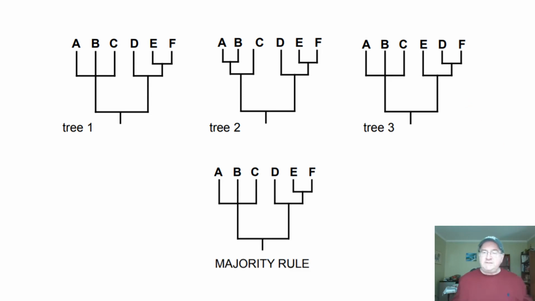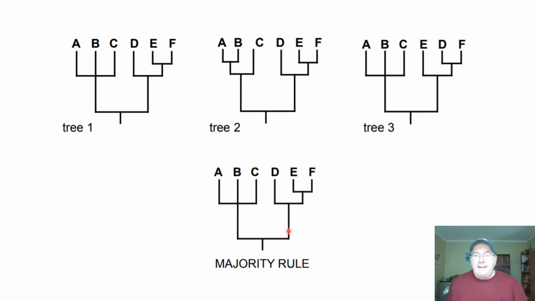Majority rule consensus tree, on the other hand, is a little bit looser. It allows that you don't have to have unanimity in the vote that's taken. Majority rules. So these are the same input trees that we had before. So let's see. First of all, split into 2 groups: ABC, DEF, ABC, DEF, ABC, DEF, and that is reflected in the majority rule consensus tree.